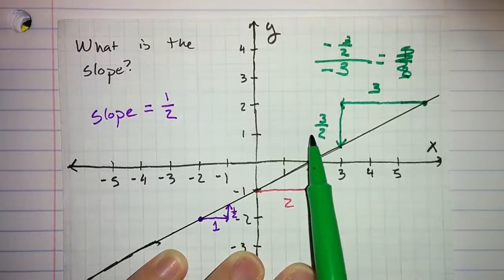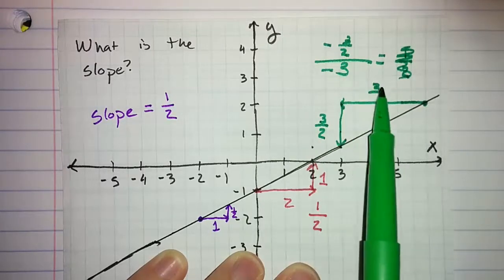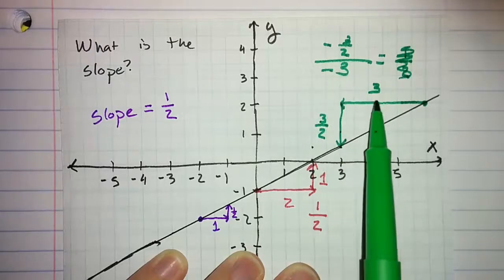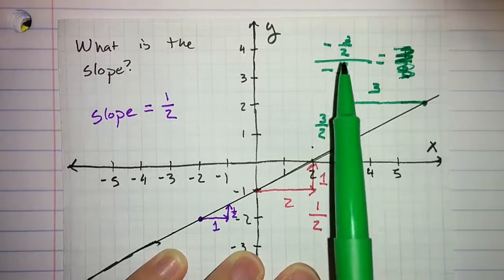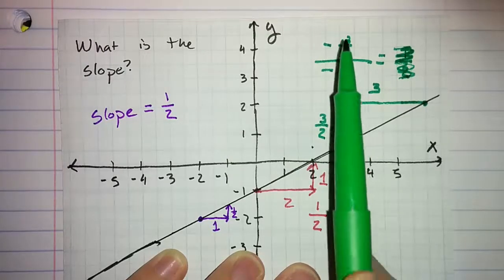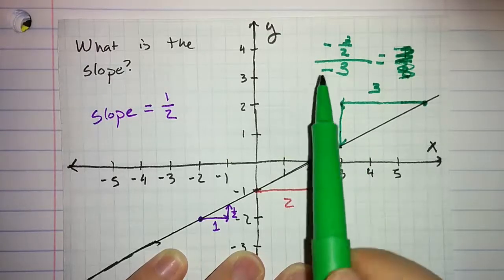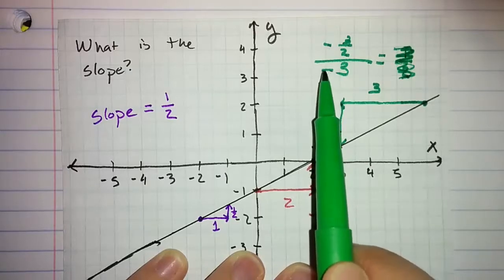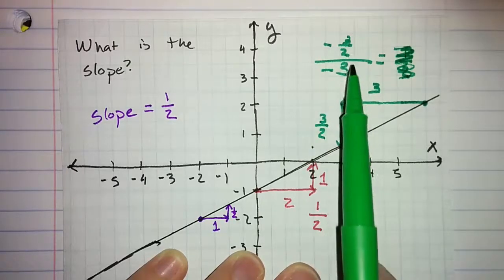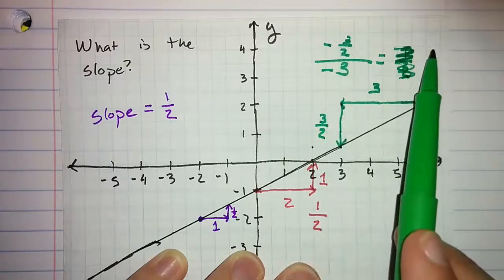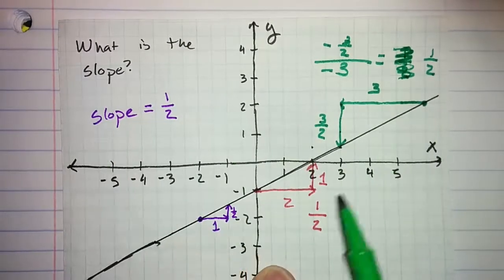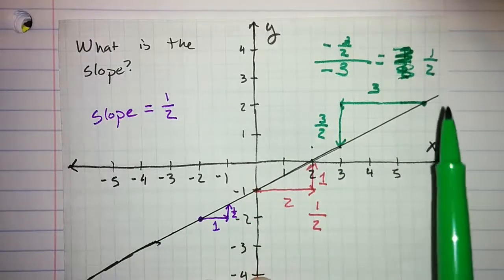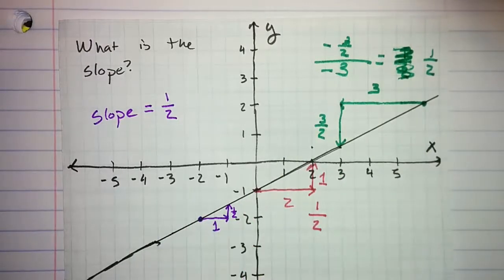We went down by 3 halves over -3. We went left by 3. Right, now notice that this is a negative divided by a negative. So this is going to still be a positive number. If we simplify this, again, we get +1/2. No matter which one of these we choose, we get the same value for the slope, which is +1/2.